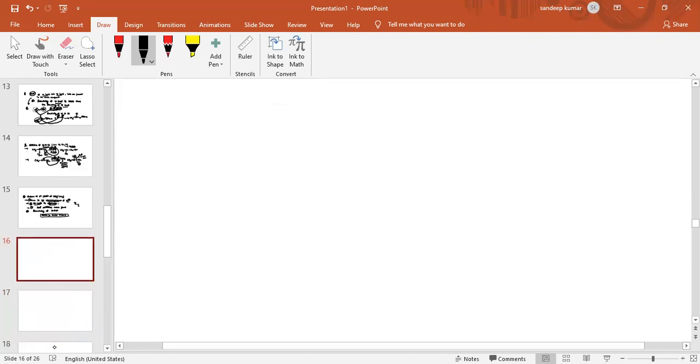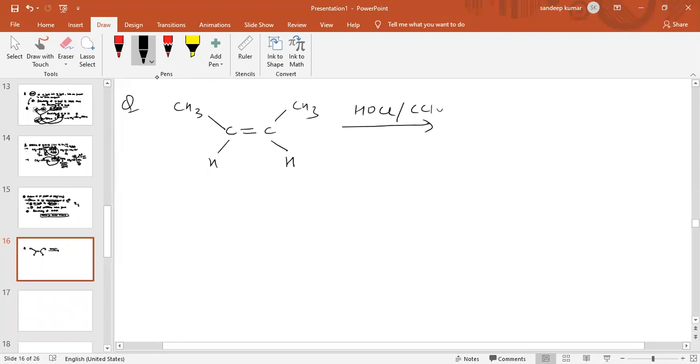What are the questions based on this? See, if a question is given like this, the compound is CH3-CH=CH-CH3, with H and H, and we are adding HOCl in presence of CCl4.